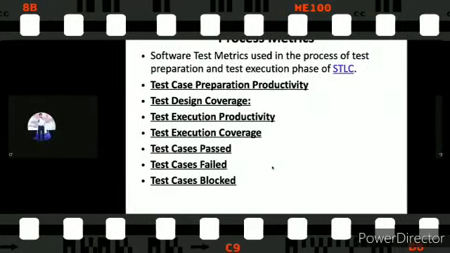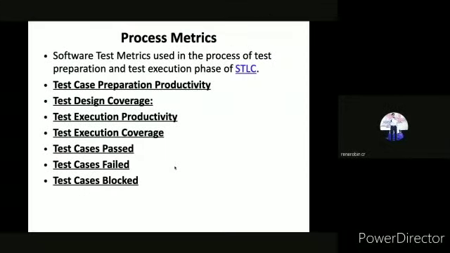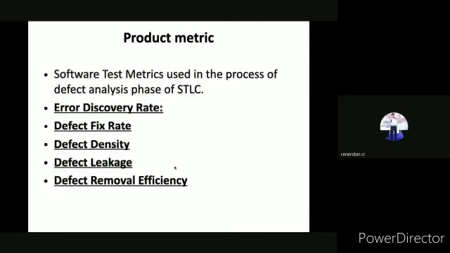Software test metrics are used in the test preparation and test execution phases of the software testing life cycle. These are the sample software test metrics for the automated process: software test case preparation productivity, test design coverage, test execution productivity, test execution coverage, test cases passed, test cases failed, test cases blocked.